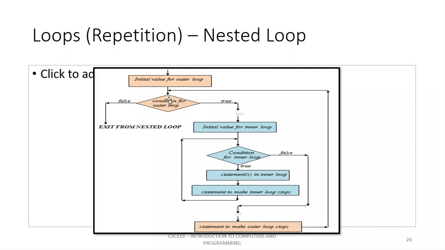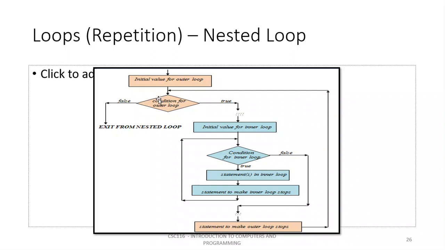Outer loop kita check condition. Kalau masih lagi true, kita akan masuk semula ke inner loop. Start balik dengan initial value inner loop tadi. Kalau value dia kosong, start balik kosong, increase sampailah kita jumpa satu statement yang stopkan inner loop tu dan kita keluar semula ke outer loop. Check lagi condition dalam outer loop.